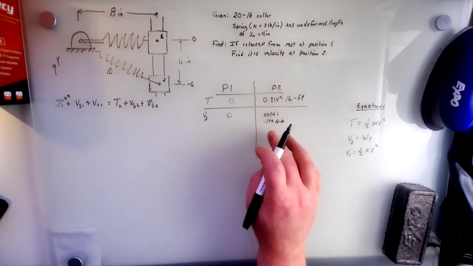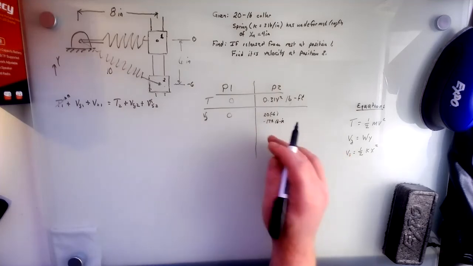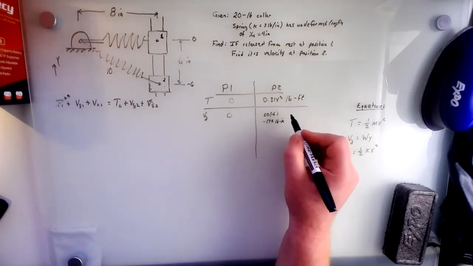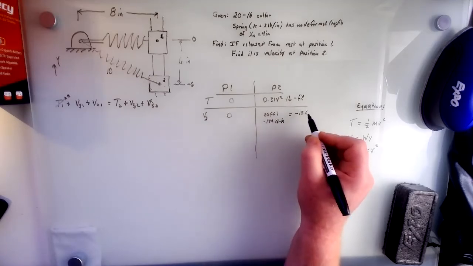Let's convert that to pound feet. If we divide that by 12, we get minus 10 pound feet.